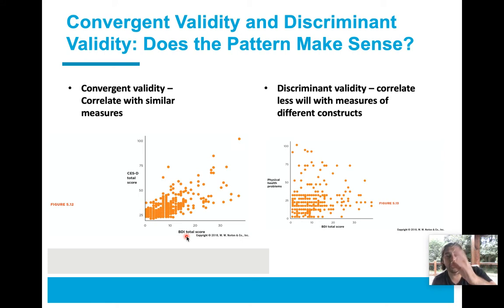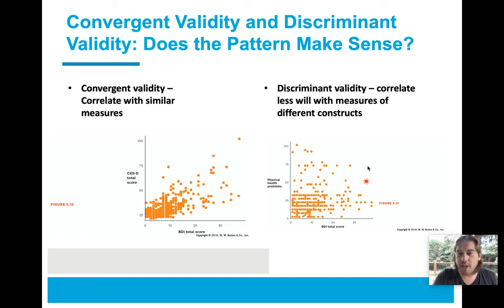And then we can look at the BDI compared to a measurement of physical health problems. Now, physical health problems are perhaps a component of depression, but the phenomena of physical health problems is a separate phenomena from the BDI, from depression. And so if we are actually measuring depression, then we would expect our measurement of depression to be less related to a measurement of physical health problems, because depression and physical health problems are separable, right? They are discriminant constructs.